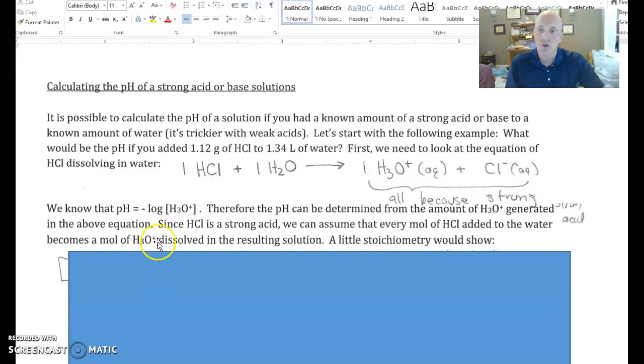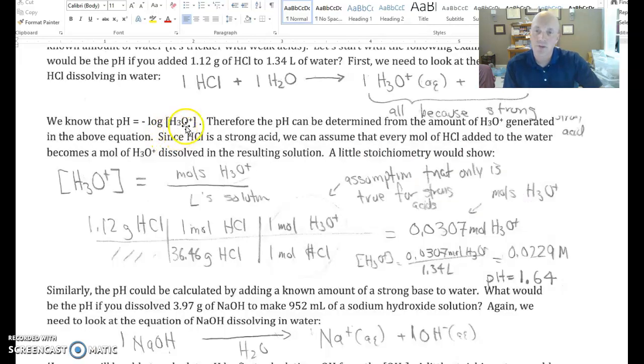We know that pH is the negative log of the hydronium ion concentration, and notice that H3O+ is one of the things that gets created. So if we can figure out the concentration of this in the water, we can figure out the pH. To solve this, we need to figure out the molarity of that H3O+.